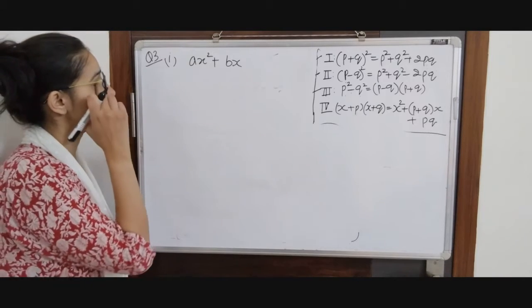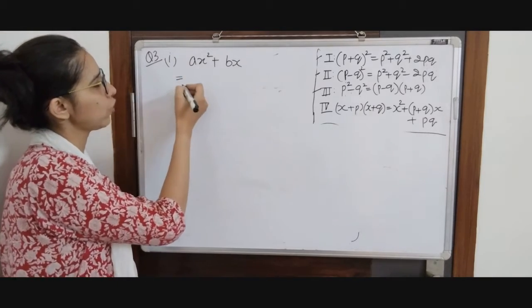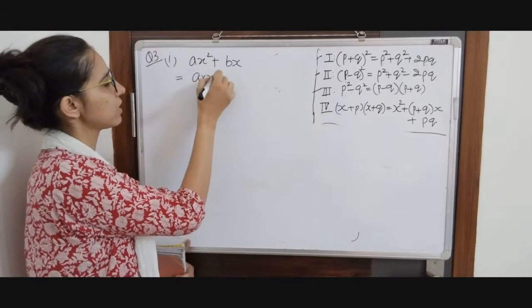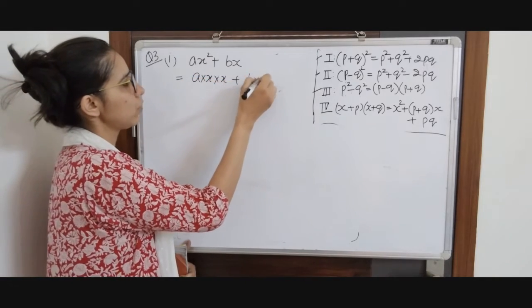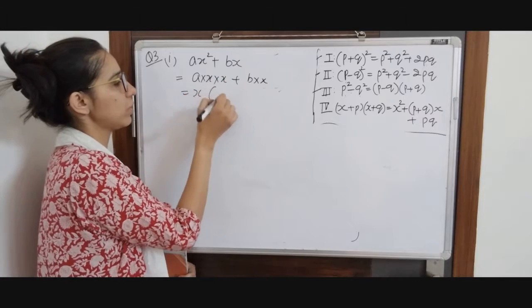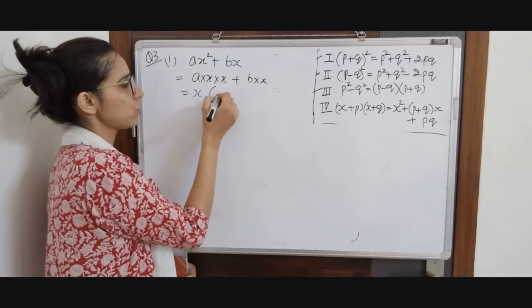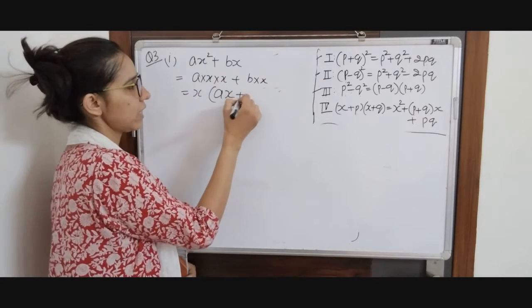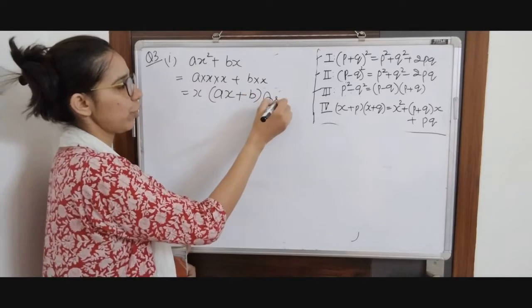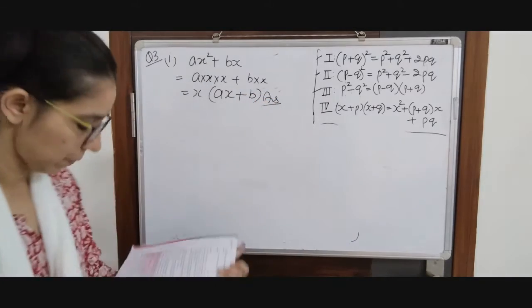So what we will do? We will find the common factors. This is a into x plus b into x. You can see that x is a common factor of both these terms. So here I am left with ax and here I am left with b. So this is going to be my answer.